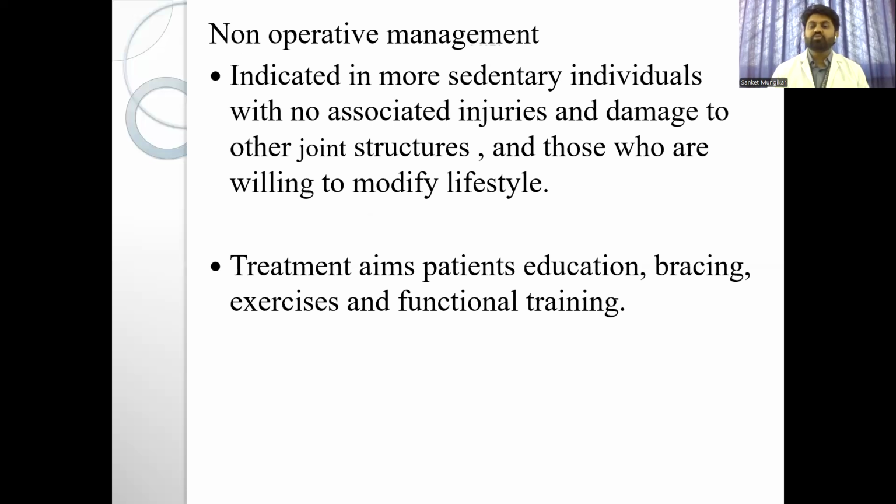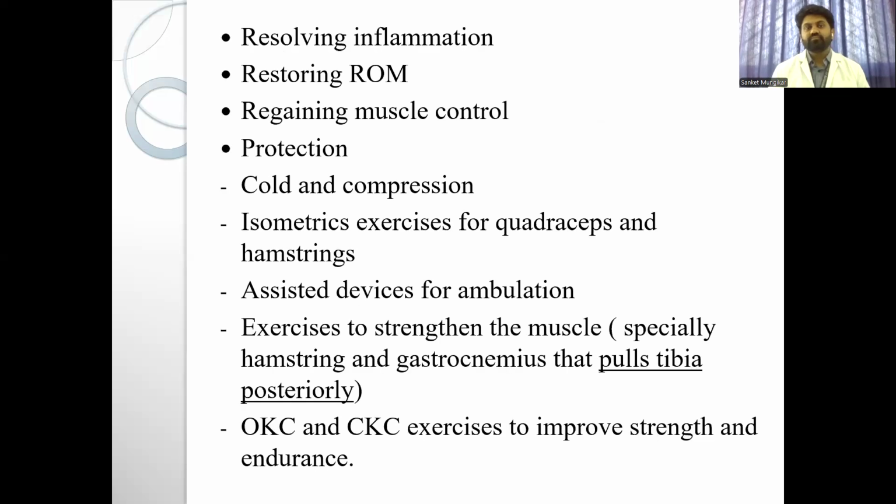Treatment aims at patient education, bracing, exercises, and functional training. That will resolve the inflammation, restore the range of motion, and regain muscle control and protection. That can be done with cold and compression, isometric exercises for quadriceps and hamstring, assistive devices for ambulation like a knee brace, and exercises to strengthen the muscles, especially the hamstring and the gastrocnemius, which pull the tibia posteriorly.